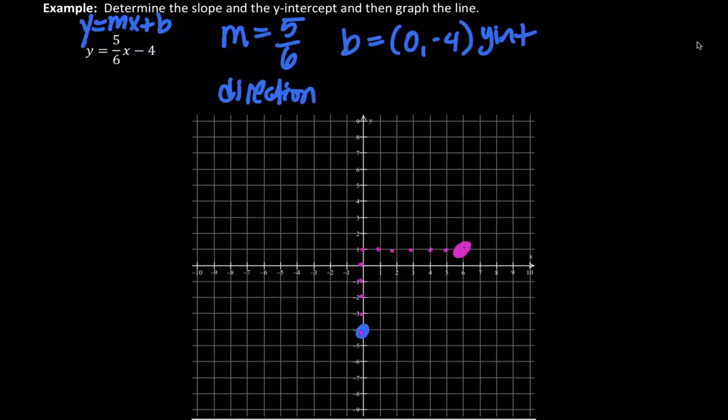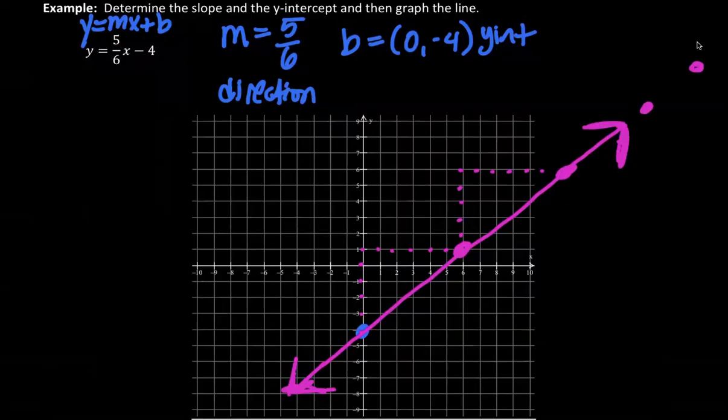I could do that pattern again, rise 5, run 6, and get the next dot. You see how those are all lined up? We could keep doing that and we'd keep getting points on this line, but we don't have to. When we put the arrows on the ends, we're saying that it continues infinitely in both directions.